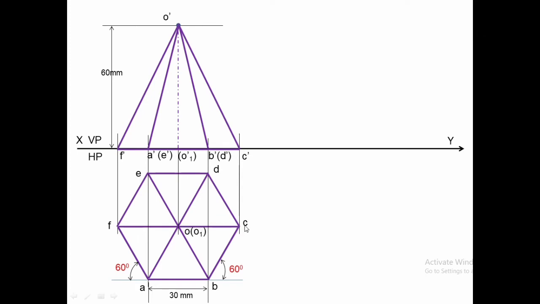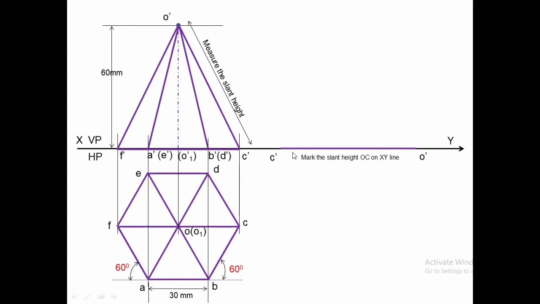We are keeping this slant edge first horizontal to XY line, that is the CO, then we will make it fall on the ground. So you can measure this length CO and mark this on the horizontal line, that is XY line.